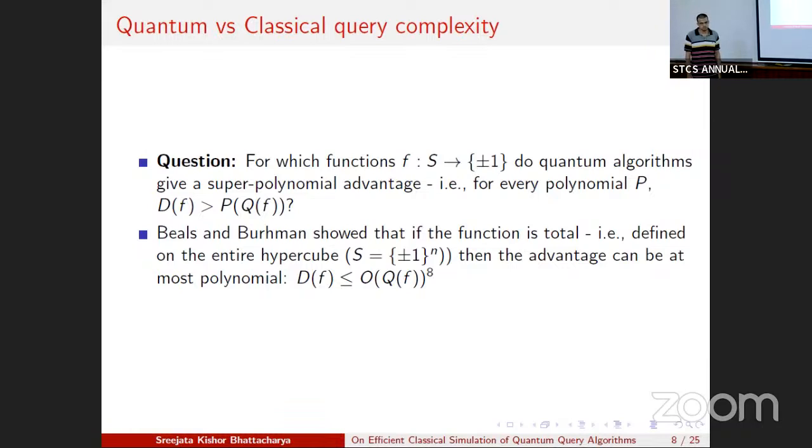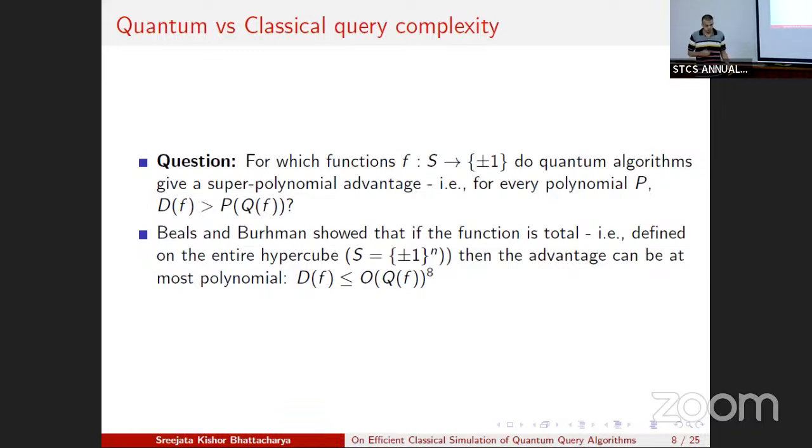But if you want to run the Beals-Buhrman construction, it is crucial that the function's image misses a gap between half minus epsilon and half, that f(x) does not lie in this interval for all x.